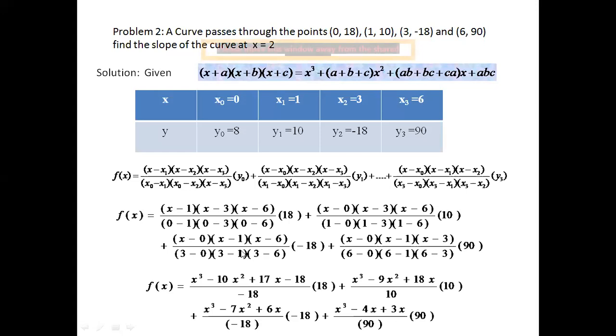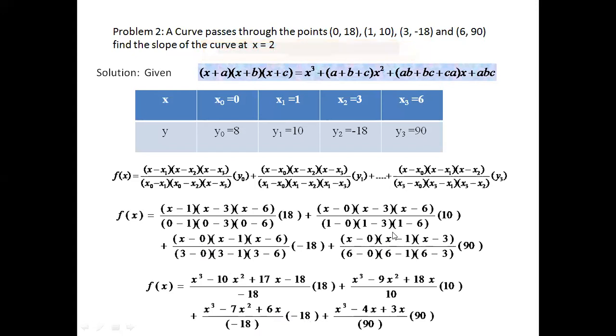Then ab plus bc plus ca: since 0 into this is 0 and this one into 0 is 0, only this term remains, minus 1 into minus 6 is plus 6. That much into x, that's written. Then abc, since it is 0, this product is also 0. The product of these three numbers gives minus 18, and here also minus 18 is there. That gets cancelled.